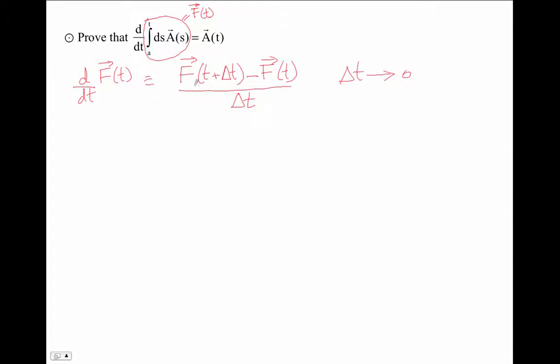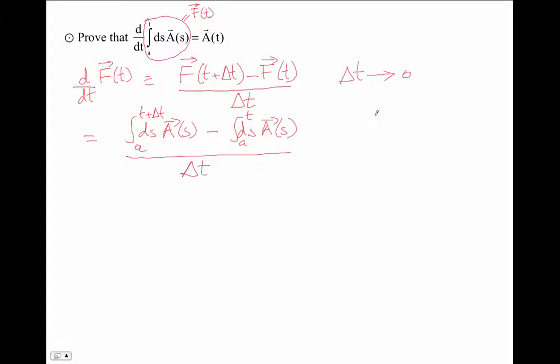Now let's take this thing over here. So that's the integral from a to t plus delta t of the vector valued function a, minus the integral from a to t of that same thing, divided by delta t.